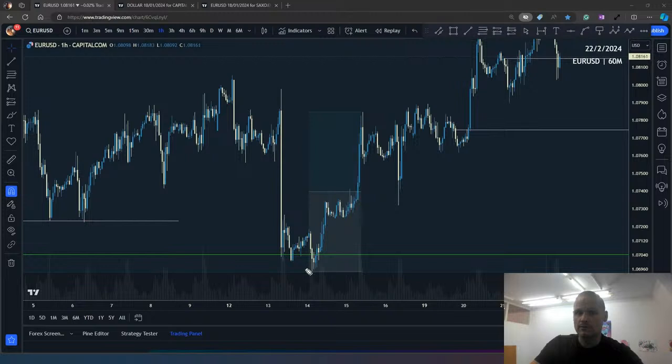If you plot a fib from here to here, and you stick to the rule, you will not be buying in the higher part of this dealing range, which is called premium, and this is called discount. You will be taking only the levels below a 50%, right? That means that you would be entering on here, right?